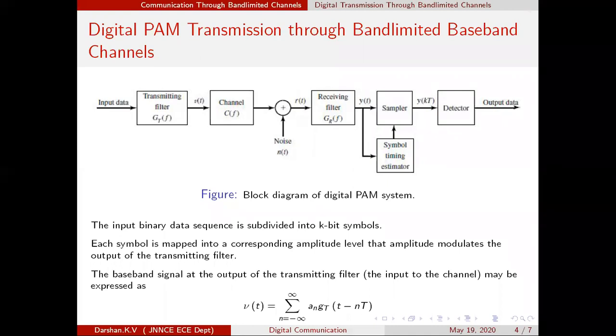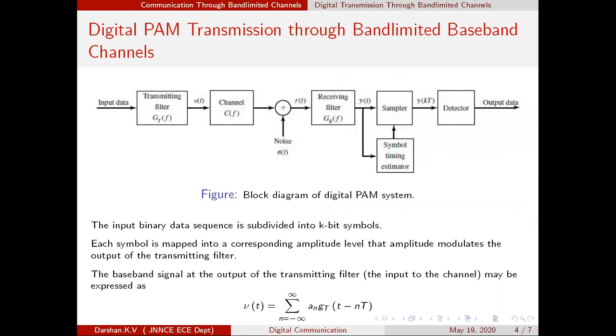If you want to transmit symbol number 1, you have a pulse of amplitude 1 volt. If you want to transmit the 7th symbol, you have a pulse with amplitude 7 volts. That is the meaning of pulse amplitude modulation.